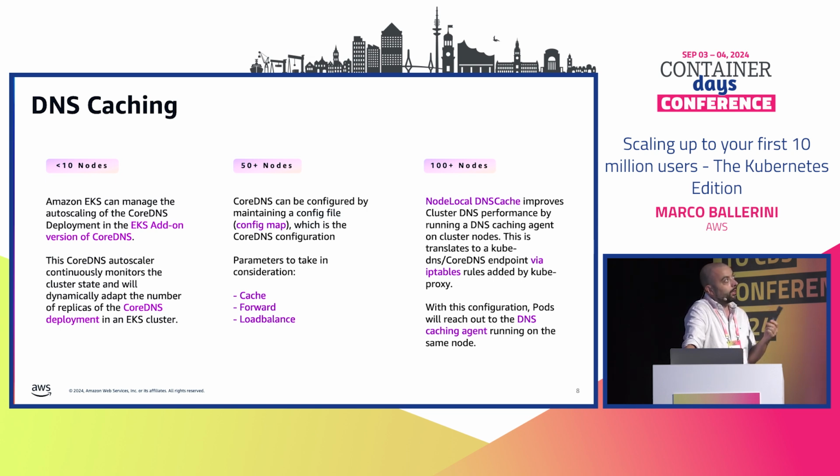When you get to 100 plus nodes, things start to be interesting, because from experience, you might have some DNS performance issues. So one thing that you should look into is NodeLocal DNSCache. This is the generic description you can find in the Kubernetes documentation. If you're using EKS, you probably want to look into dnsmasq, which is how most of our customers are doing it.